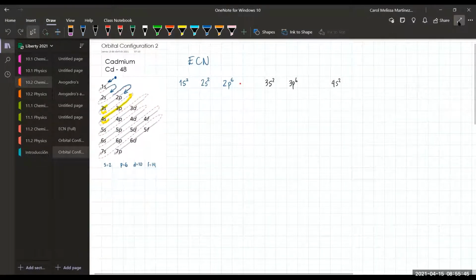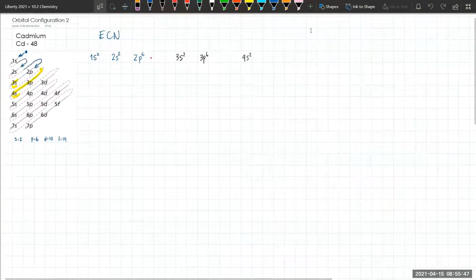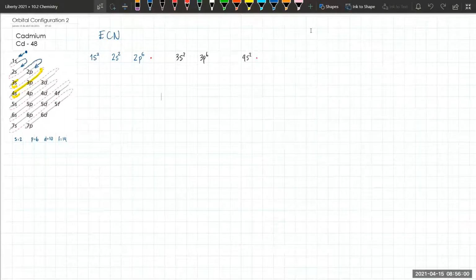And I should continue. Until this moment, I have 20 electrons. So I'm gonna put a mark right here. And I continue filling the chart, the Christmas tree.